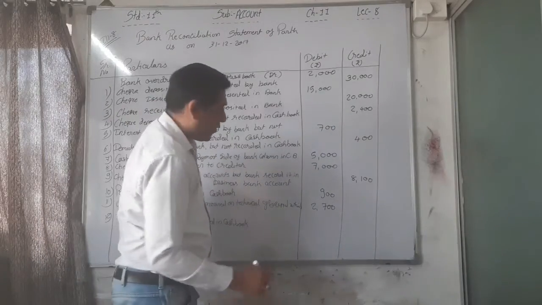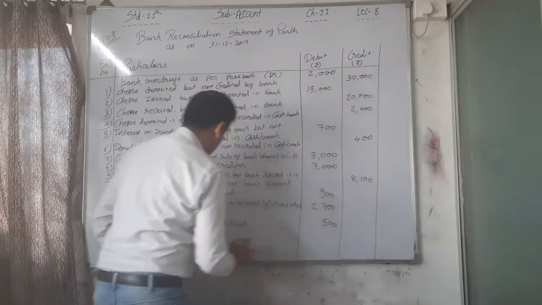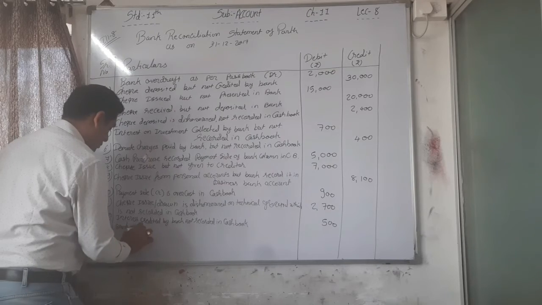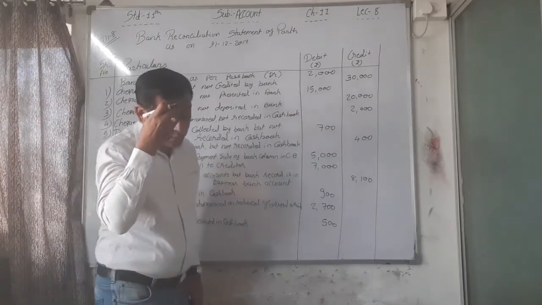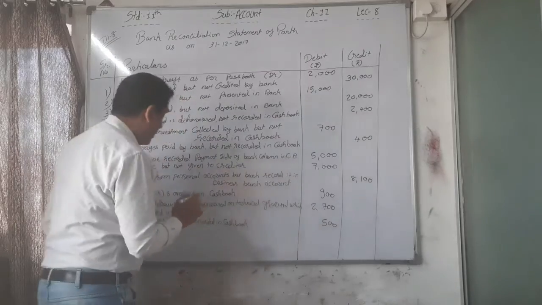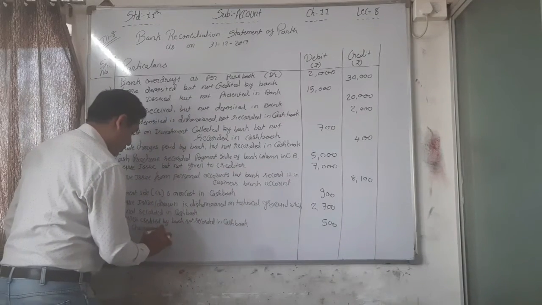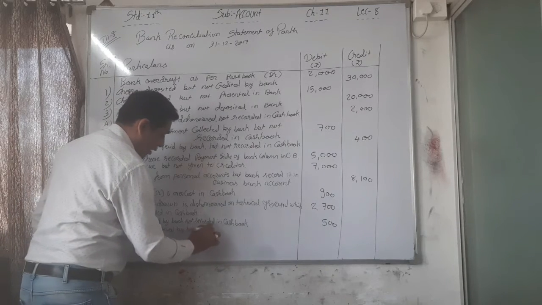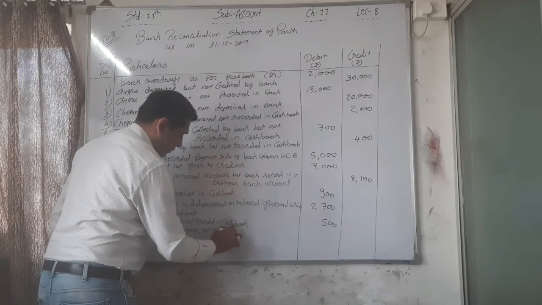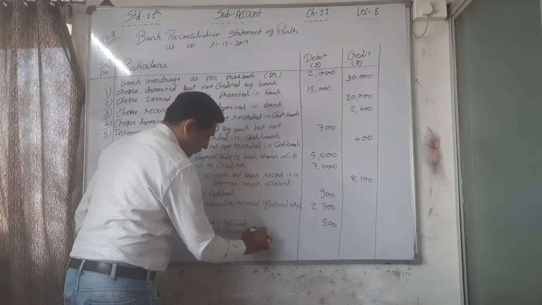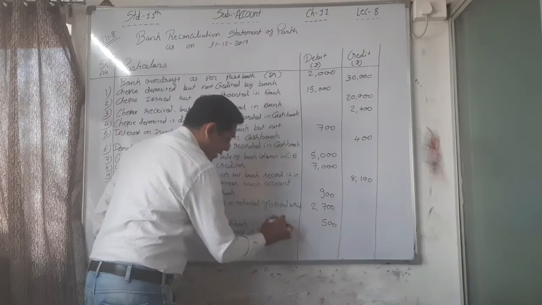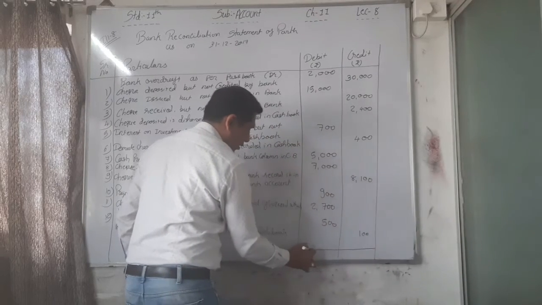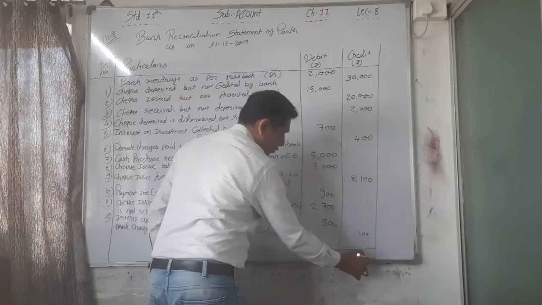Debit the amount is 500, and bank charges debited by bank 100 rupees, but not recorded in cash book. Bank debited, that's why we have to credit it. So here we have to do the total.